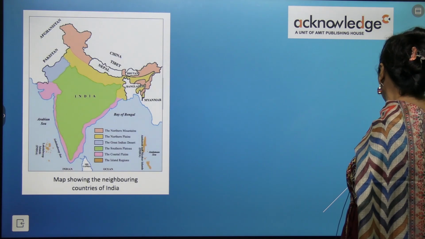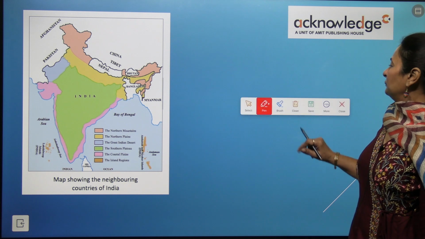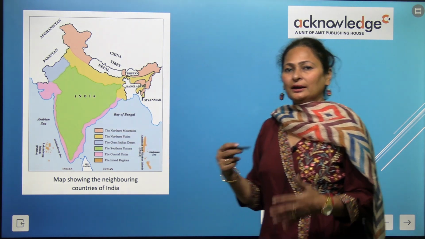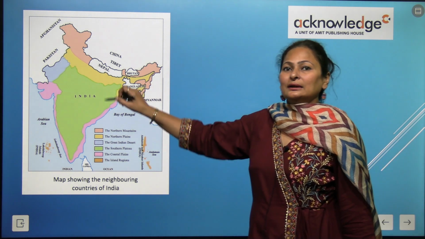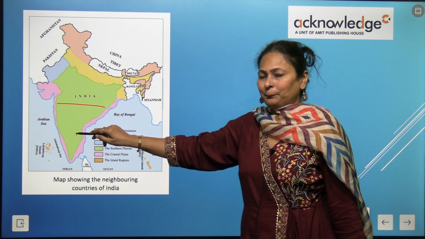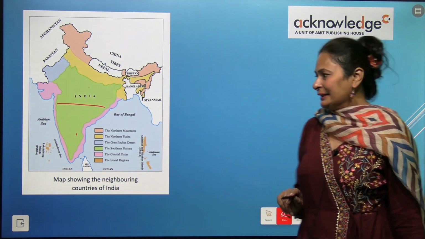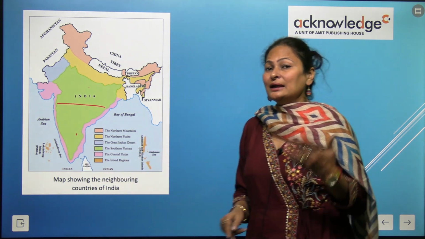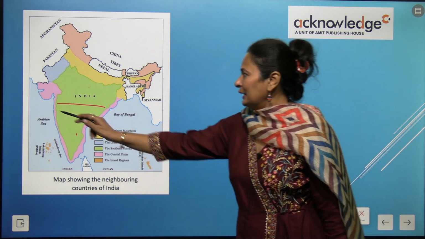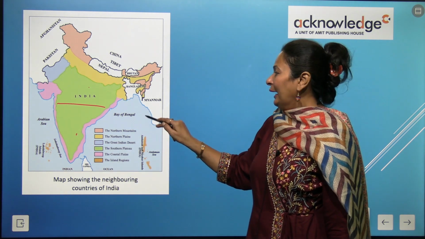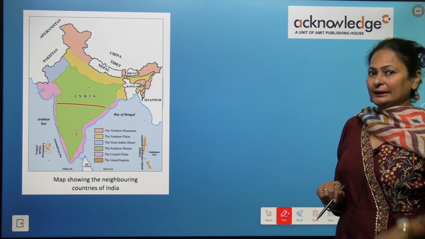Let's understand with the help of map. The green portion in the map is the plateau part. It is divided into two, Deccan Plateau and the Central Highlands. Yes, this plateau is surrounded with Arabian Sea. Arabian Sea flows in the west direction, Indian Ocean in the south and the Bay of Bengal in the east.